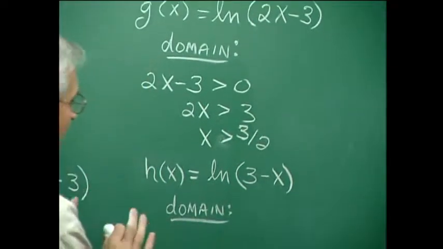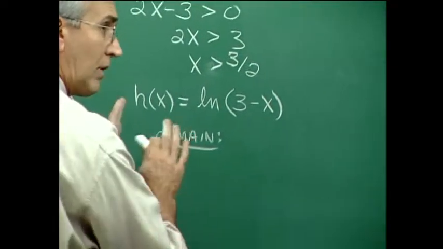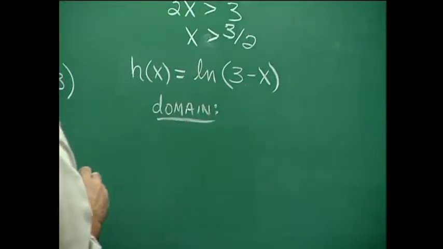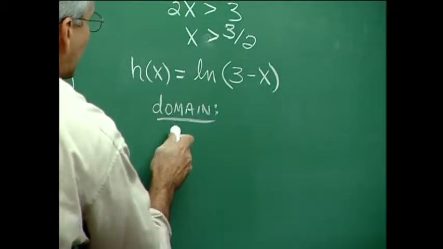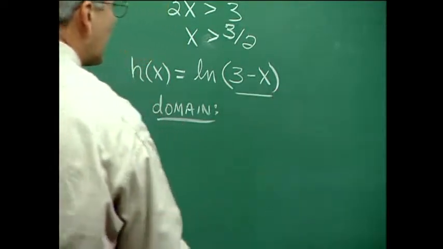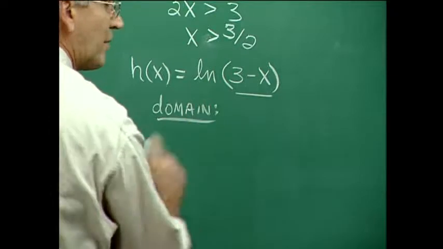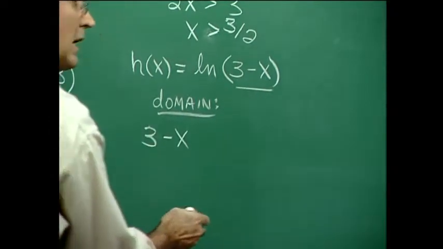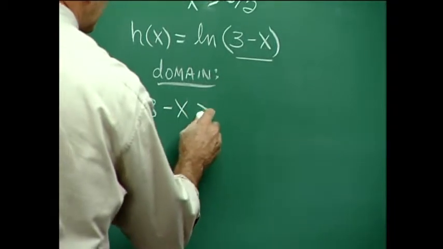Now this one is kind of interesting from a graphical standpoint as well as from an establishing of the domain standpoint. Now if we're finding the domain, we want the values of x that will cause this value to be positive, because we can only take the log of positive values. So we want to know what value of x will cause 3 minus x to be greater than 0.